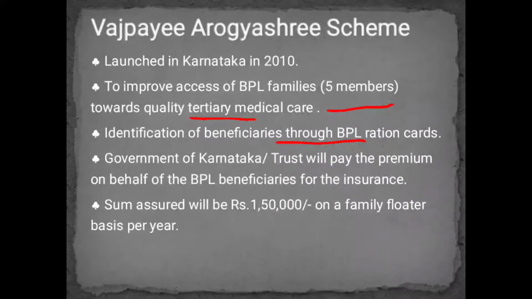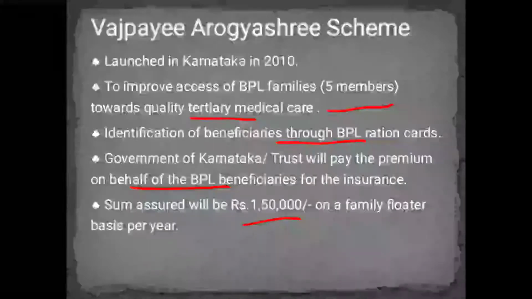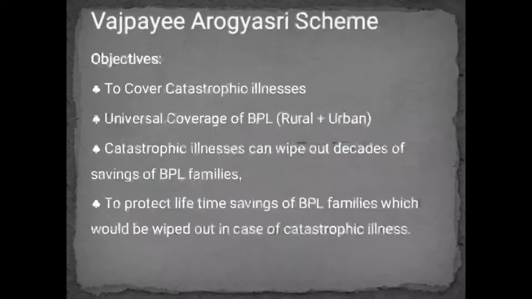The Government of Karnataka trust will pay the premium on behalf of the BPL beneficiaries for the insurance. So the premium is paid by the government. Sum assured will be 1,50,000 on a family floater basis per year per family. If at all any sickness comes, 1,50,000 medical assistance is given.